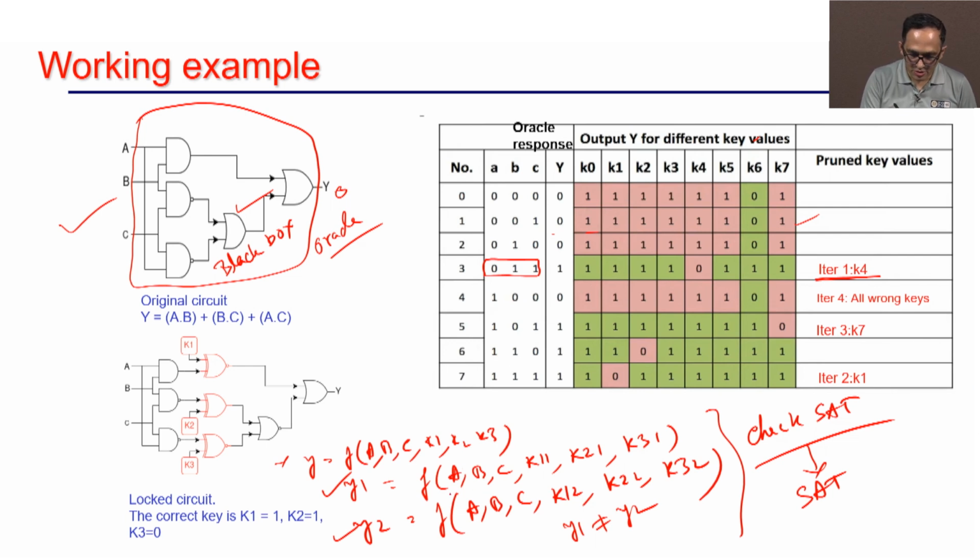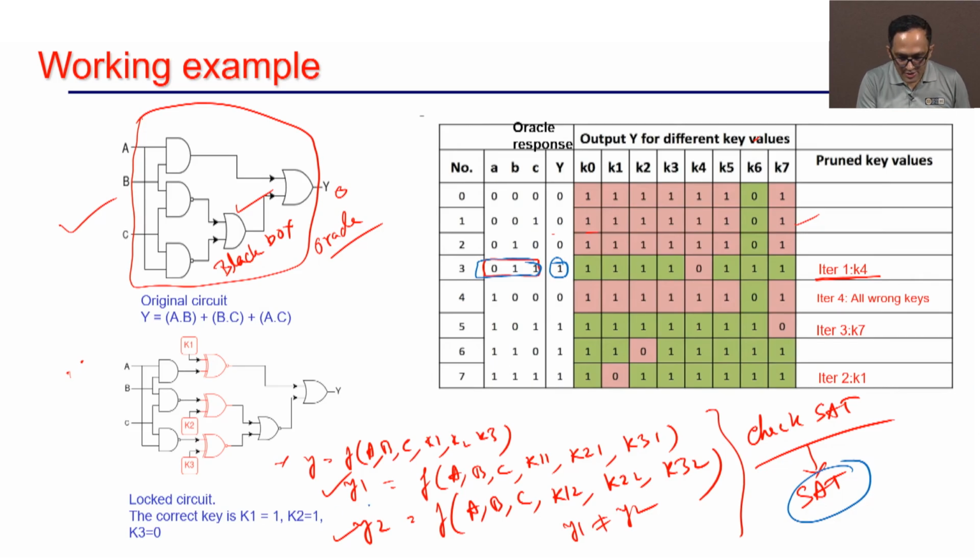I got SAT and the value of ABC is 0 1 1. I also get some values of K1, K2, which are not important to me, because that does not matter. What I want is this 0 1 1, which I put to the output, and I will get the output as 1.